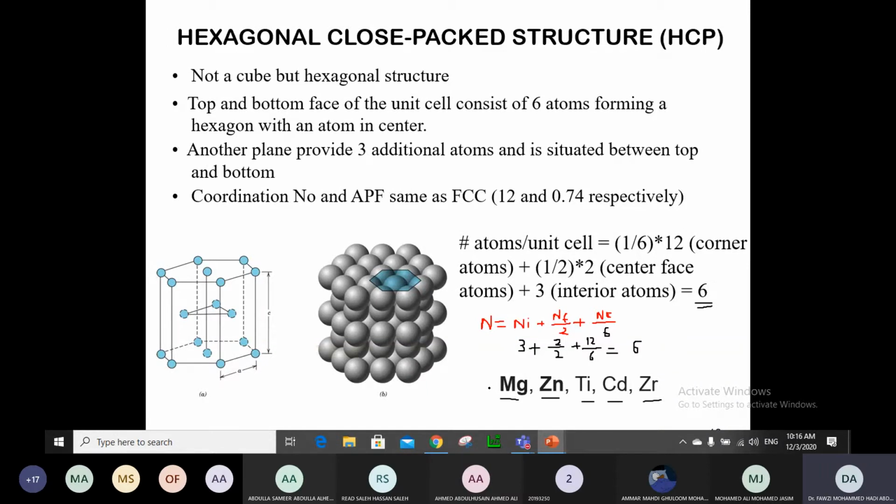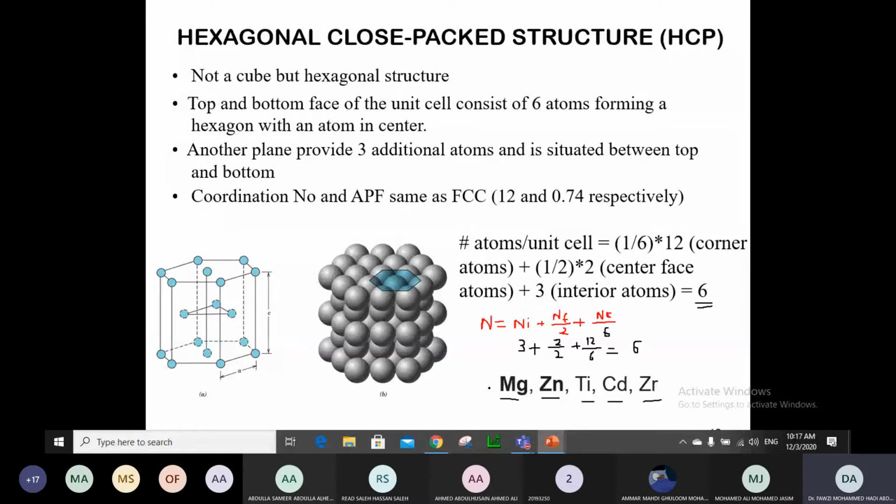At the end of the day, you need to know examples of materials which display, specifically, the crystal structures that we have covered in the class. What type of crystal structure do they display? You need to know how to get the coordination number for these four types of crystal structure we have covered, and the number of atoms per unit cell for these four types.